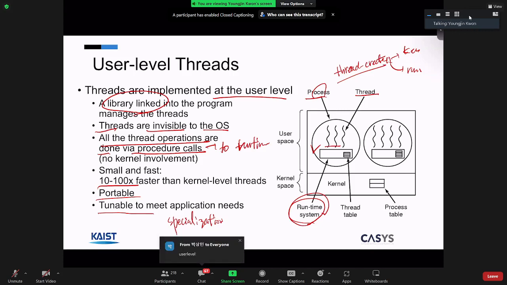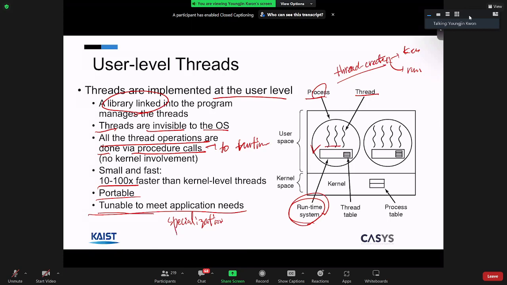Clearly, user. Because the kernel thread implementation is the superset, and the user level thread implementation is a subset, so much lighter. Good. Okay. So in the figure, the kernel has only the process table, no existence of threads, and this thread information is not visible.